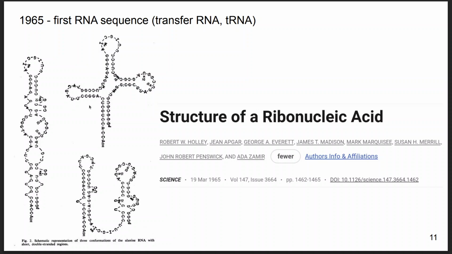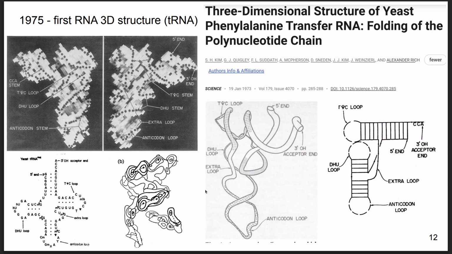Now we know that this one is the correct structure, which is the famous cloverleaf structure, because it looks like a clover leaf. And these are the incorrect ones. Then the 3D structure of the same tRNA was resolved using X-ray crystallography in 1975, 10 years later.